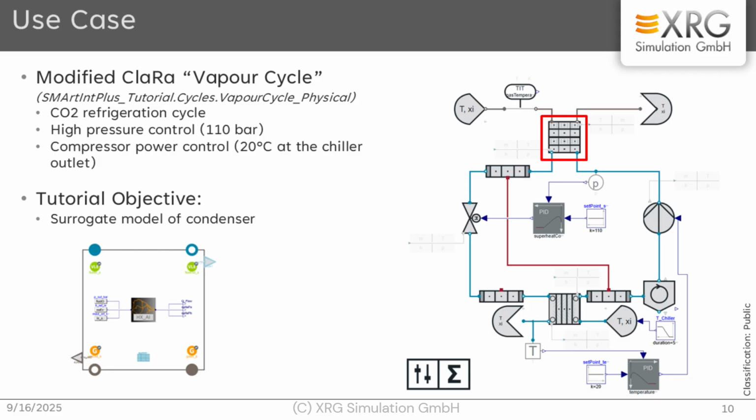We have two controllers there. One is controlling the high pressure in front of the condenser, and the other controller controls the compressor, and it's based on the outlet temperature at our chiller.